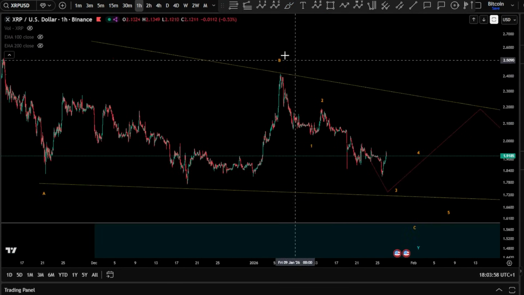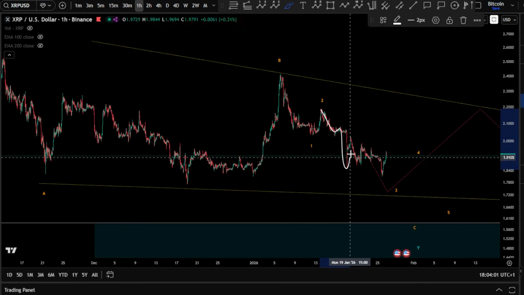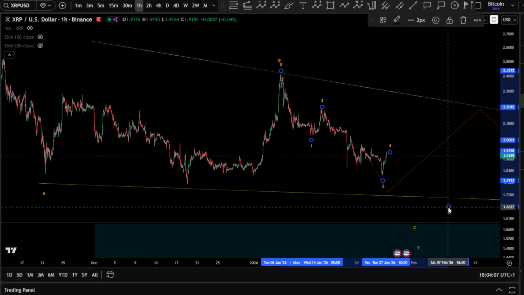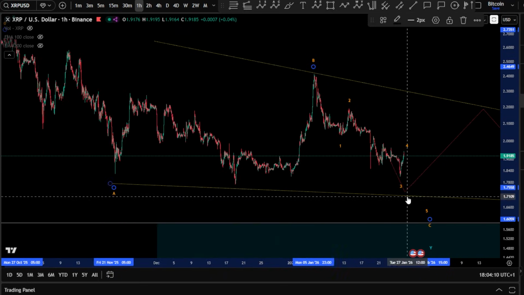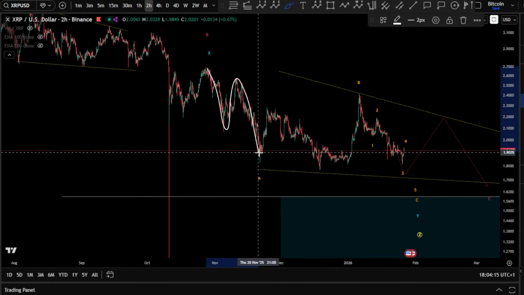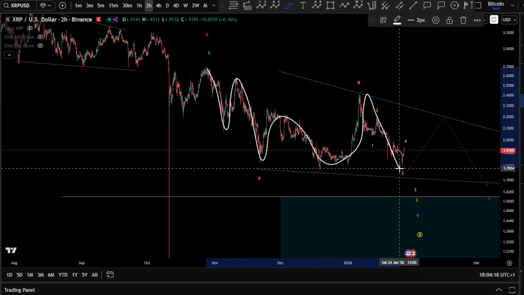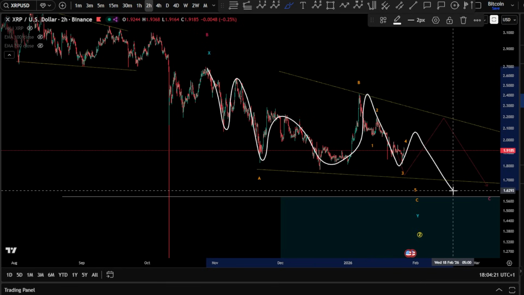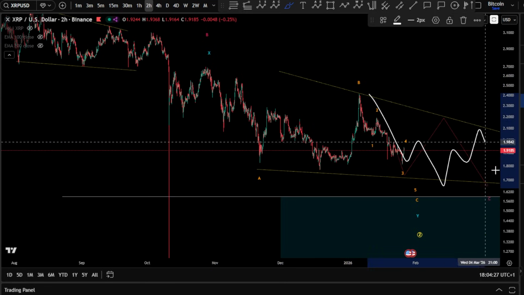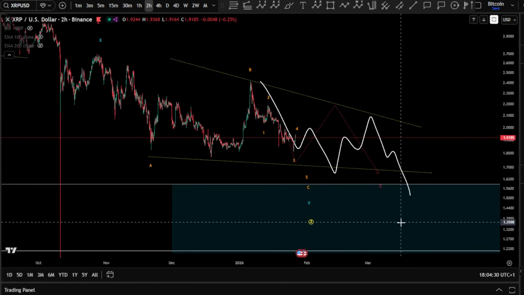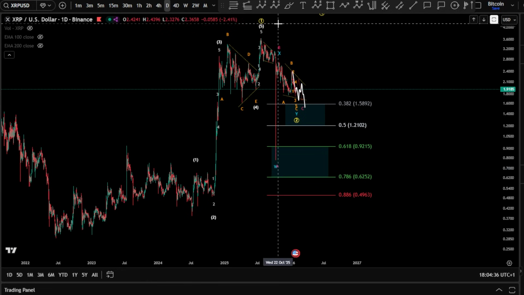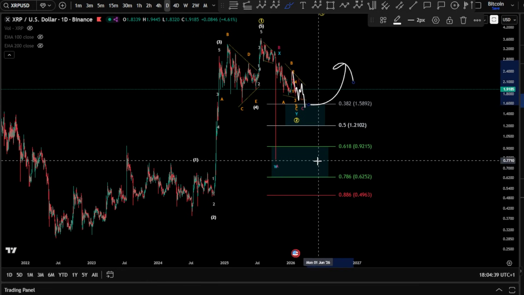It can be a Wave 3 unfolding as a 1, 2, 3 here, and then a Wave 4 and a 5 to finish a Wave 3, and you're still looking right now at a 4 and a 5 in the orange to finish a Wave C. Or potentially it can still be a zigzag, because we are in a zigzag Wave 1, Wave 2 zigzag, and you are looking at A, B, and a C, another zigzag for Wave 3, which is very, very likely to be happening here as a zigzag ABC, and then a zigzag Wave 4, Wave 5, finishing up around the 0.38, $1.58 for XRP is expected from this area to start to see something to push toward the upside.